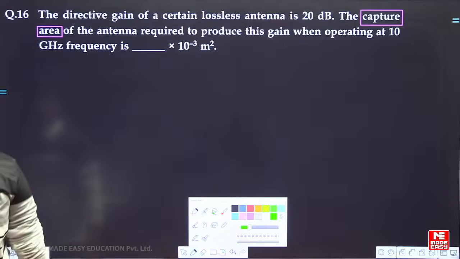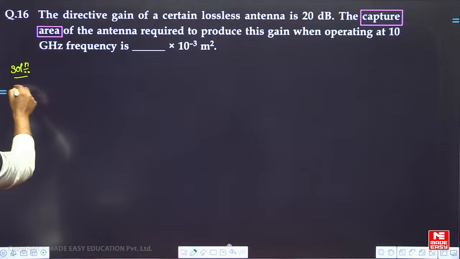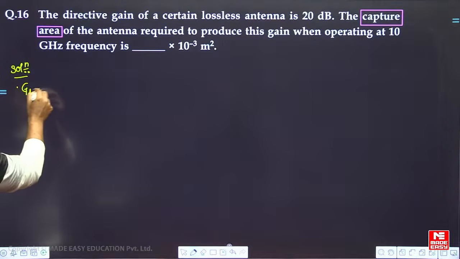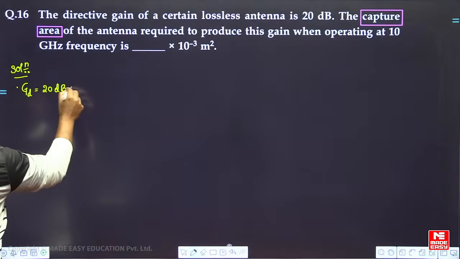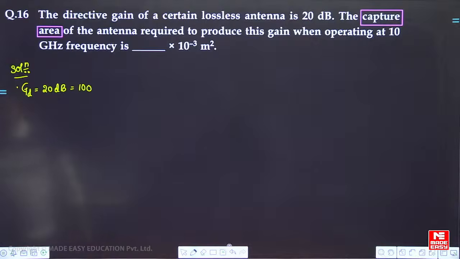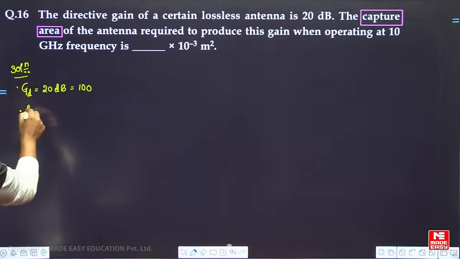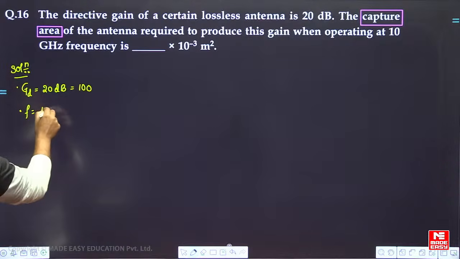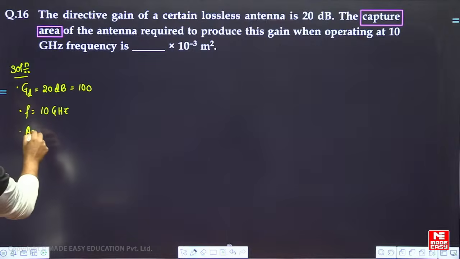See, directive gain GD is given as 20 dB. This is equal to 100, right. The capture area of the antenna required to produce this gain, operating frequency is 10 gigahertz. They are asking what is the effective area.